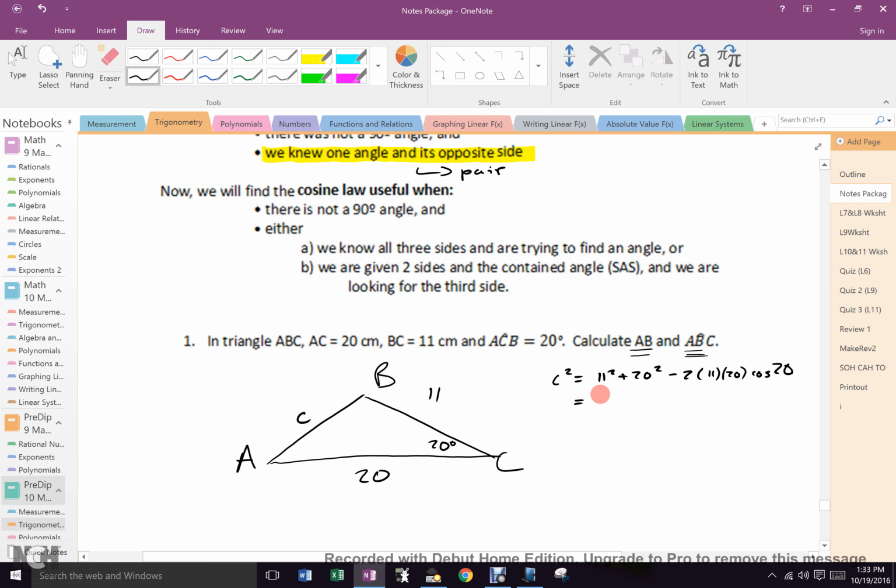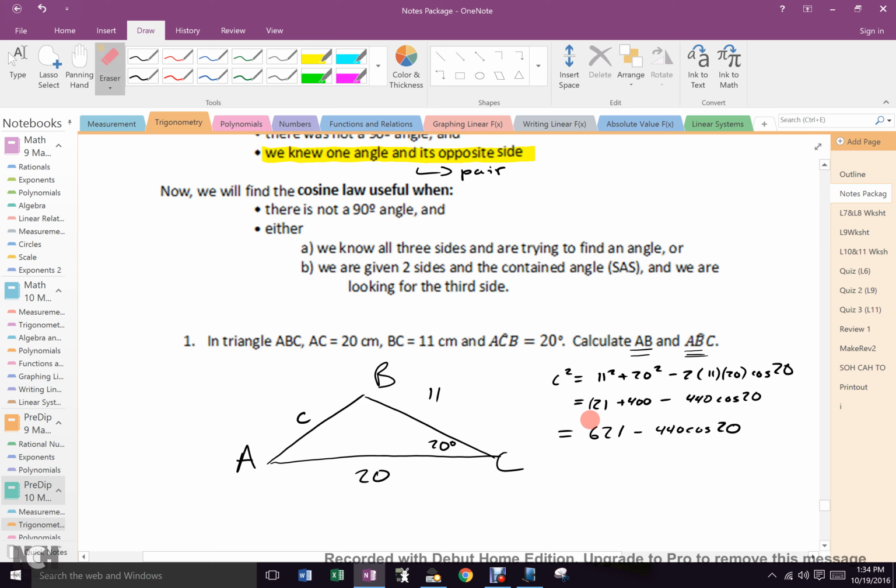No, bit by bit. 11 squared is 121, right? Plus 400 minus 2 times 11 times 20 is 440 cos 20. So 521 minus 440 cos 20. And you haven't even had to go to your calculator yet, have you?